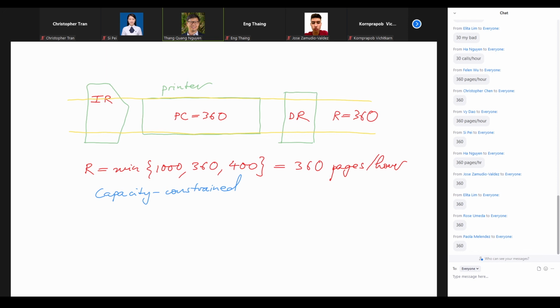All right. I would like to give you two more scenarios, and when you go home, please think about it. In the second scenario, the input rate is 200 pages an hour. Process capacity is the same because we have the same printer, and the demand rate is 400, the same as before.